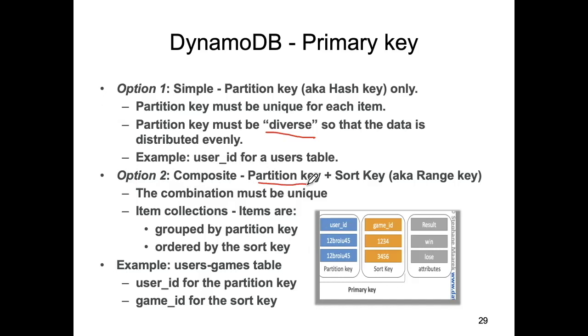But as well, your primary key in the second case has what's called a sort key part to it. So in this option two, you could have more than one item in a table that has the same partition key, but it has a different sort key. And then the sort key and partition key combination does have to be unique, which I'm saying here.